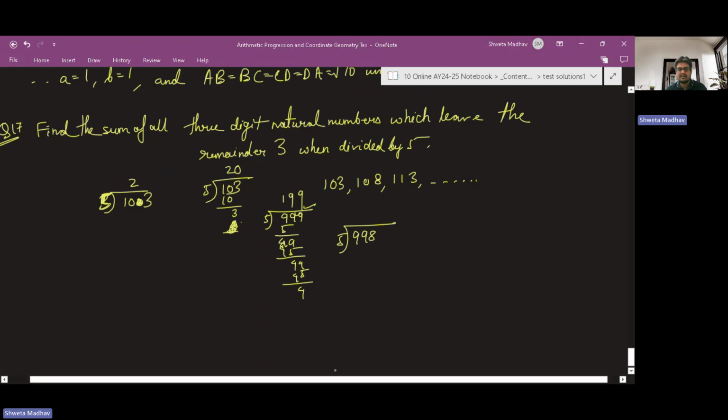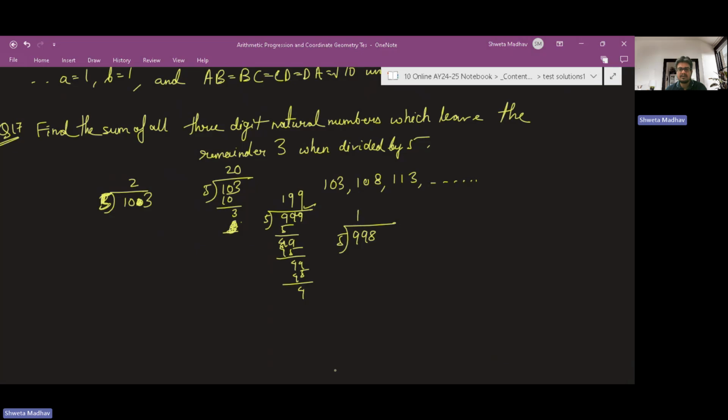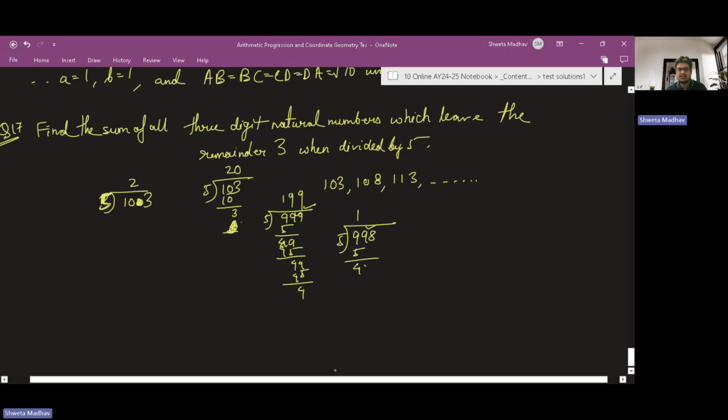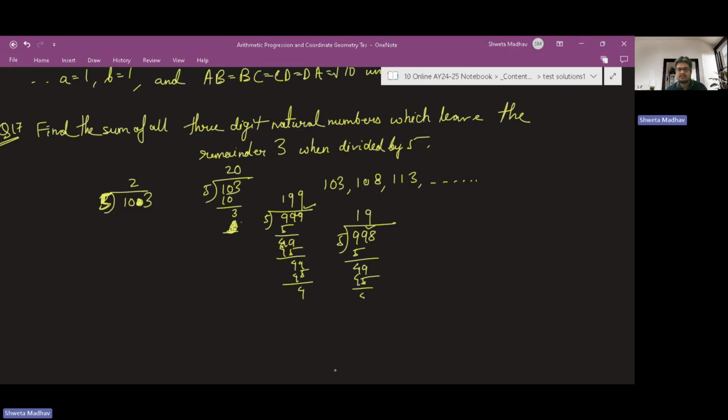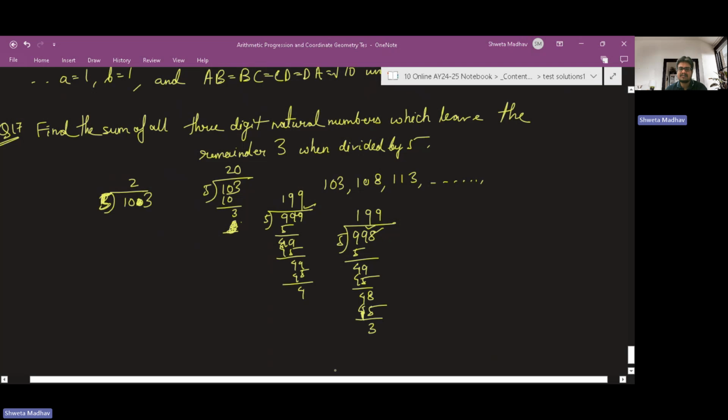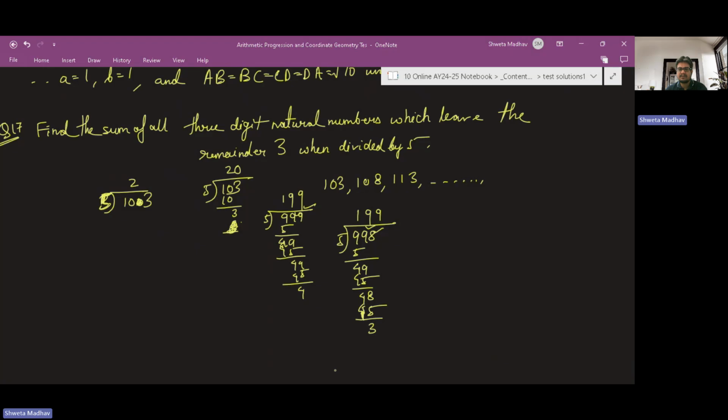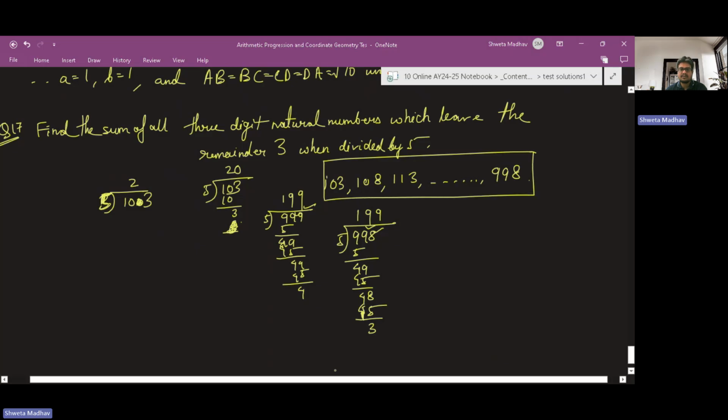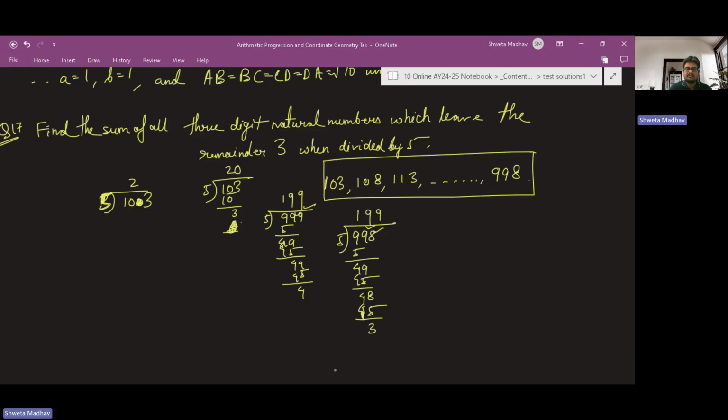Dividing 998 by 5, 5 nines are 45, 48, so the remainder is 3. So the last 3-digit natural number which leaves the remainder 3 when divided by 5 is 998. This is the AP we should consider here, and we have to find the sum of all these 3-digit natural numbers.